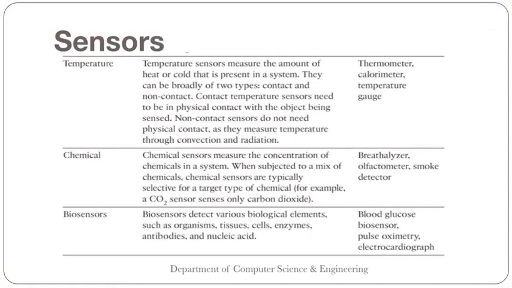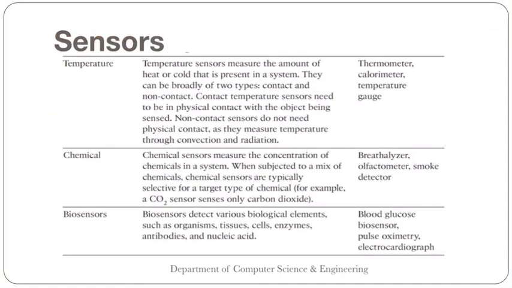They can be broadly of two types, contact and non-contact, right? Contact sensors are like a thermometer we have to put or touch on the body and then it will measure. But now we have non-contact sensors like infrared sensors which are measuring temperature nowadays, right? So those are non-contact based. So we have thermometer, calorimeter, temperature gauge for the measurement of temperature.